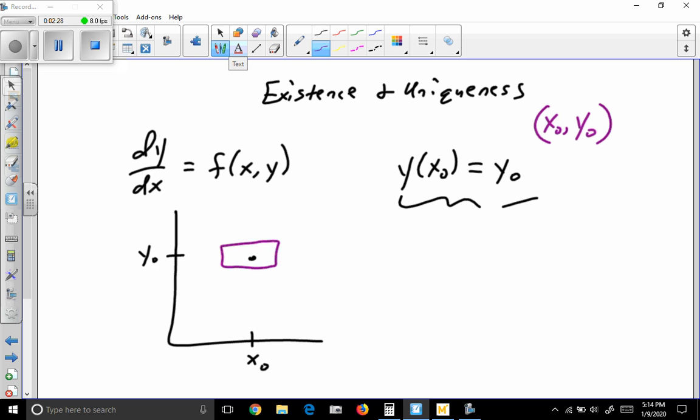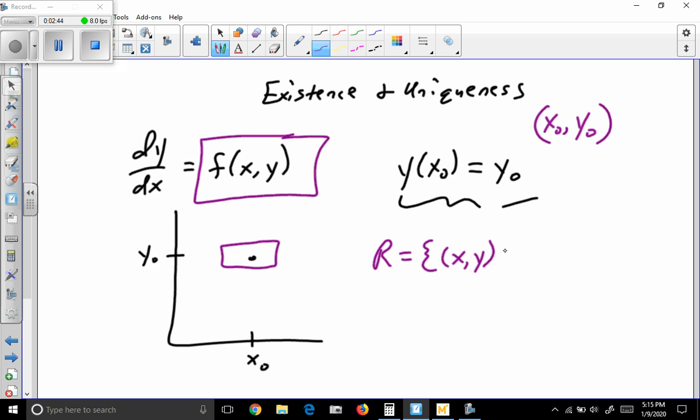They put it a fancy way and say that this has to exist, has to be continuous in some rectangle containing points x, y, such that x is between some values a and b, and y is between some values c and d. So in the x direction, we go from somewhere to somewhere, and our x is in between those.